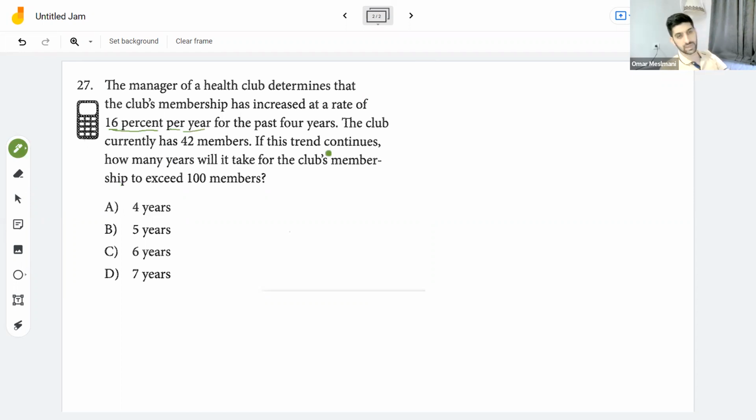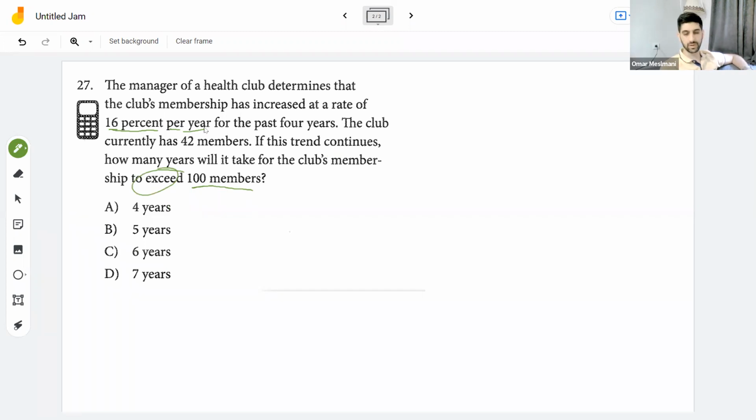The club currently has 42 members. If this trend continues, how many years will it take for the club members to exceed 100 members? All right, what does exceed mean? Reach, or pass through, like over, okay? Exceed means over the 100.